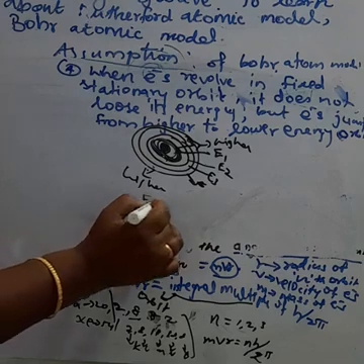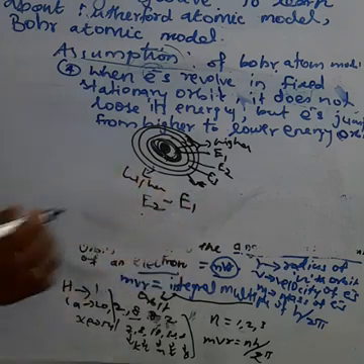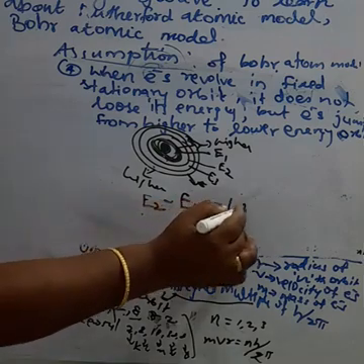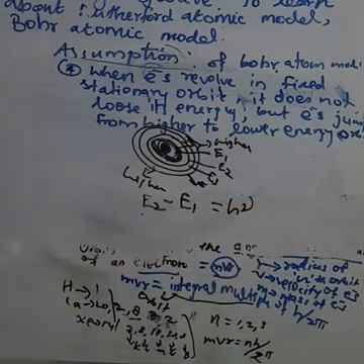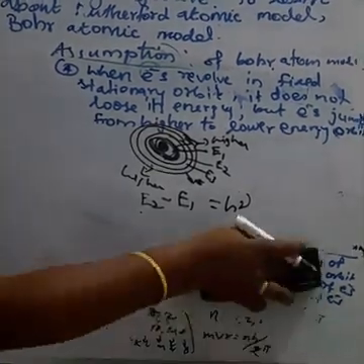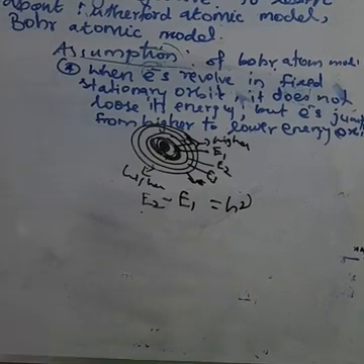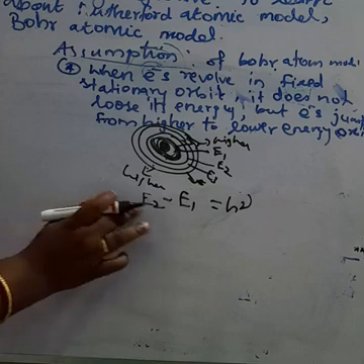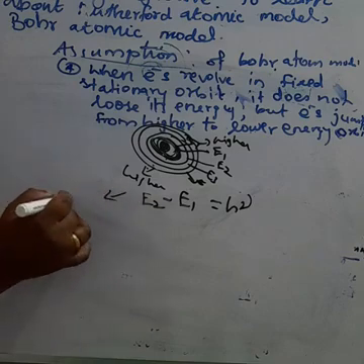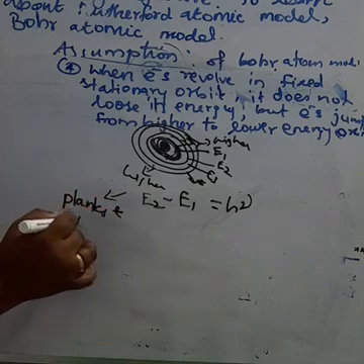E2 means higher energy, E1 means lower energy. The energy is quantized. This assumption depends upon Planck's and Einstein's law.